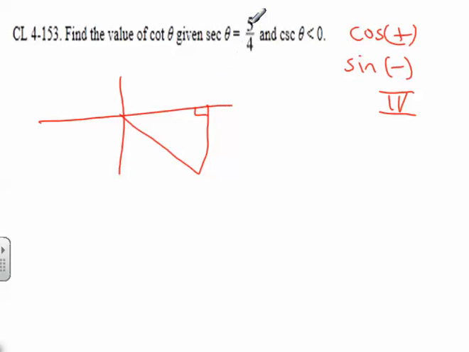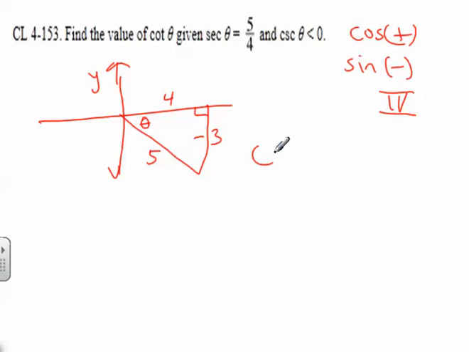I'm told that secant is 5/4. Well, secant is where we have hypotenuse over adjacent. So that means with Pythagorean triples, this is 3, actually negative 3 in this quadrant because it's under the y, or under the x in the negative y direction.